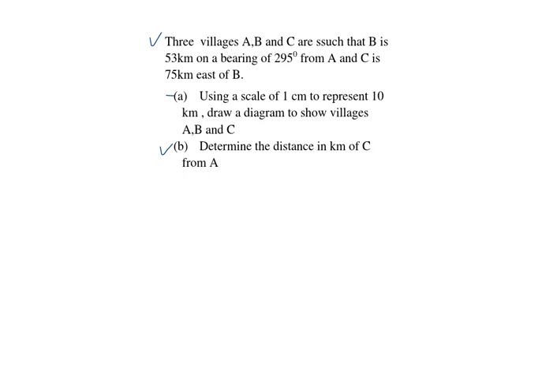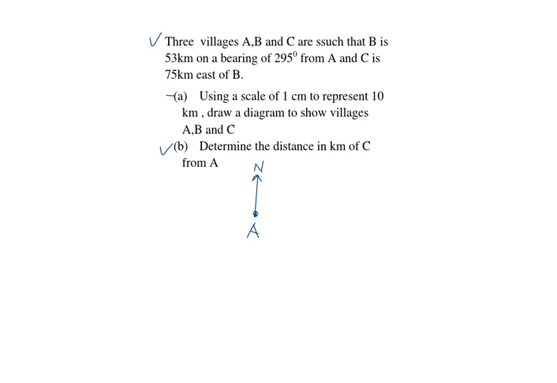So it is good first we draw a sketch. So we have point A, which is village A. Then we draw a line from point A upwards. We mark it north.